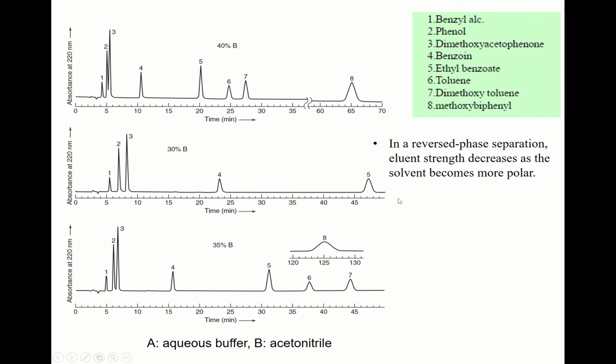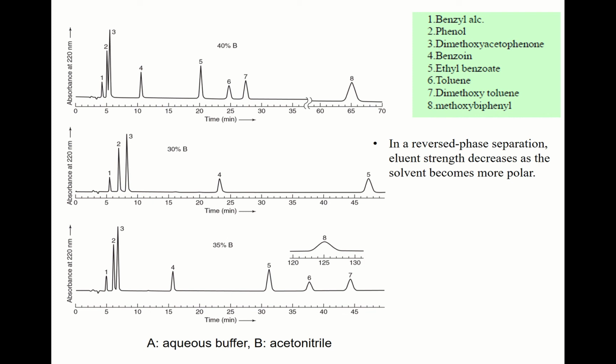Because the analysis time is too long. With 35% B, compound 8 appears after a long time. So total analysis time is at least 2 hours, more than 2 hours, maybe 130 minutes needed.